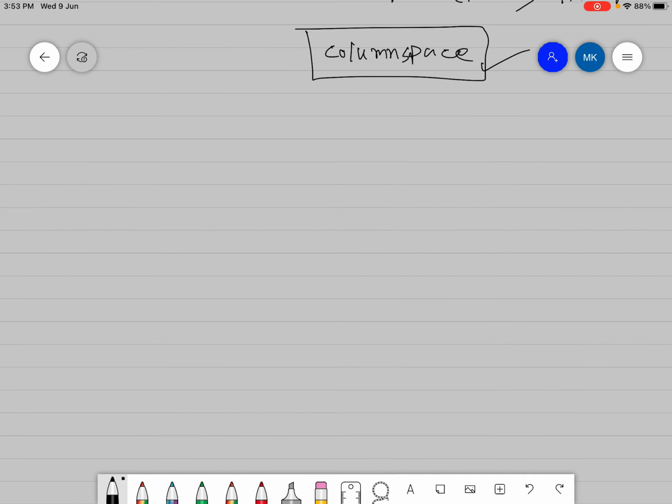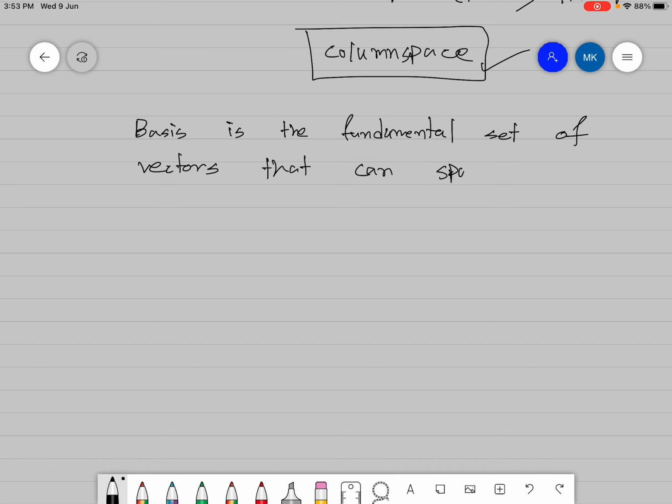If I give you a formal definition, a basis is the fundamental set of vectors that can span a space.